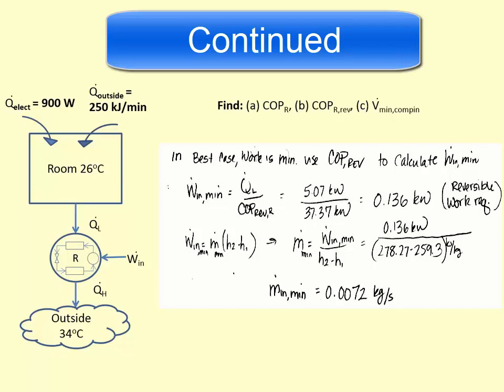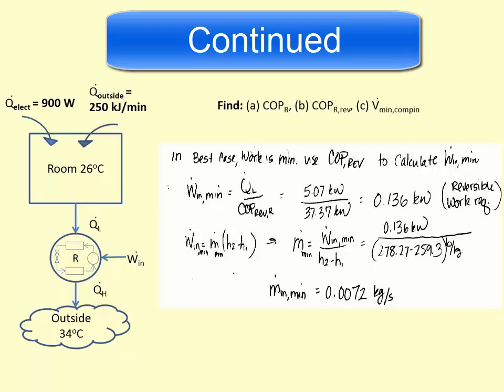We're just saying, okay, we want to figure out what mass flow rate we would need if it were reversible. So the reversible work is 0.136 kilowatts divided by this h2 minus h1, which is 278.27 minus 259.3, that's kilojoules per kilogram, is equal to 0.0072 kilograms per second.